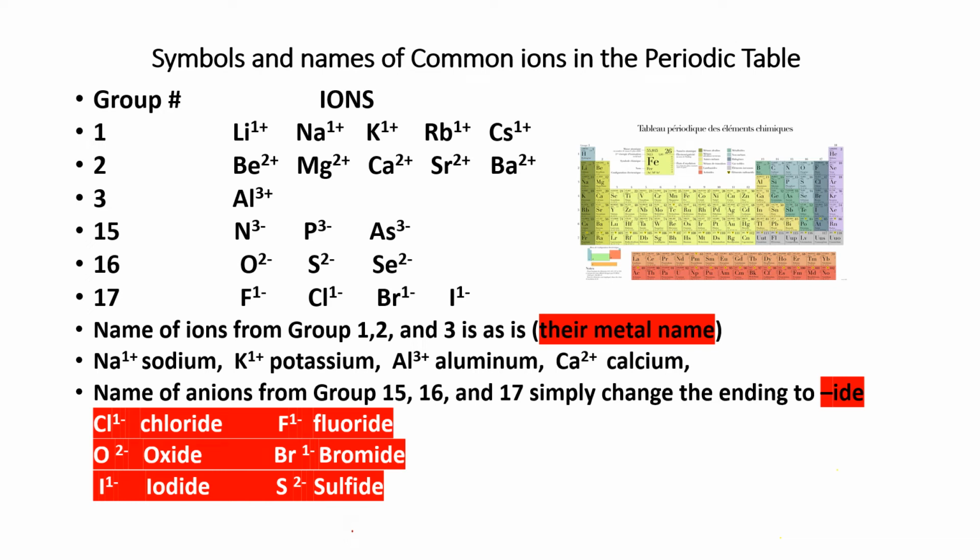To learn how to give the name of the formulas of ionic compounds, we need to know the symbols and names of ions. And here we have the symbols and names of common ions in the periodic table. So group 1, here in the periodic table is group 1.